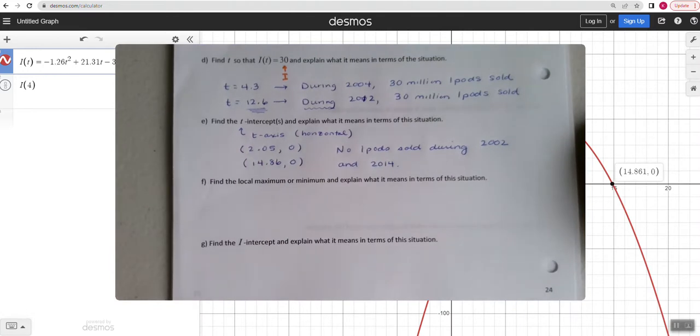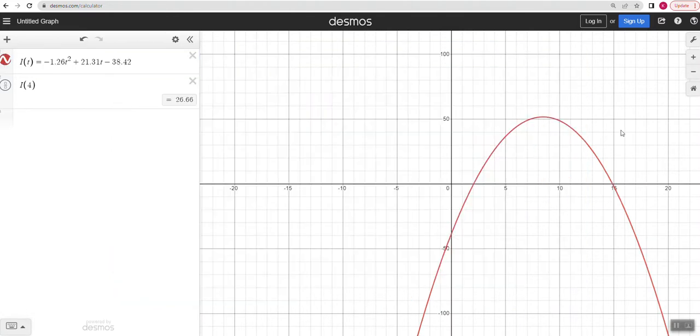All right, local maximum or minimum, and explain what that means. Looks like there's a local maximum, the top of a hill right there. And the point is approximately (8.5, 51.7). Rounding there just a little bit.